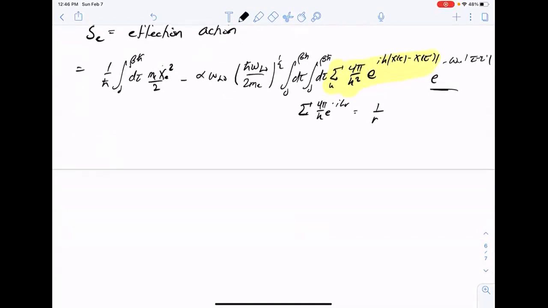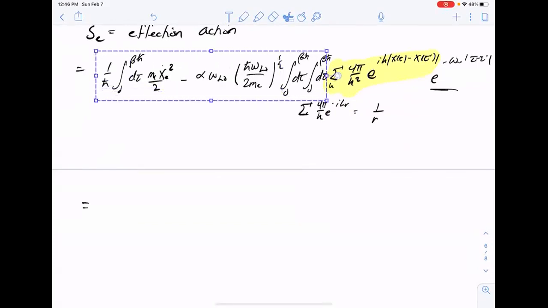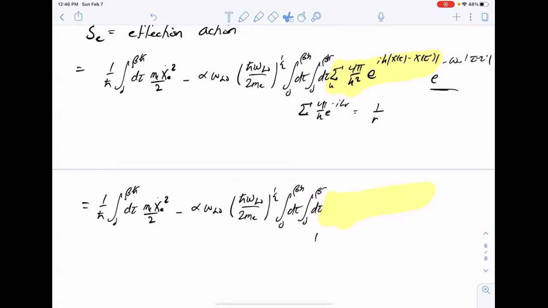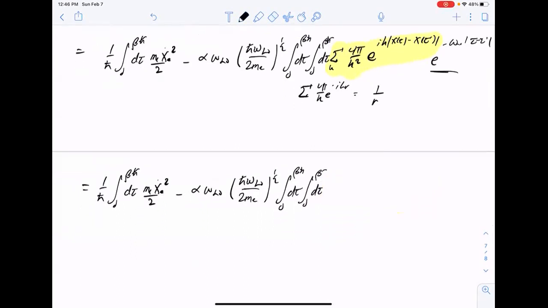So I can rewrite finally this effective action, but rather than having the sum over the wave vectors, I can use that Fourier transform to write it as that correlator from the chi's.